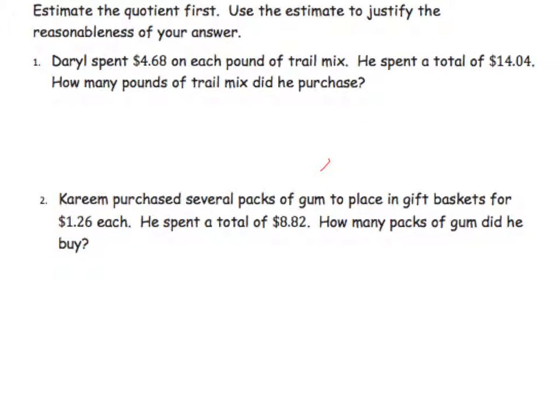Alright, so we're trying to get in the habit of estimating to justify. So if Daryl spent $4.68 on a pound and he spent a total of 14, how many pounds did he get?